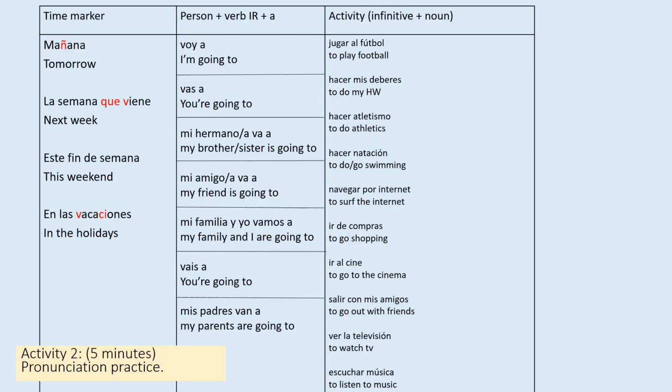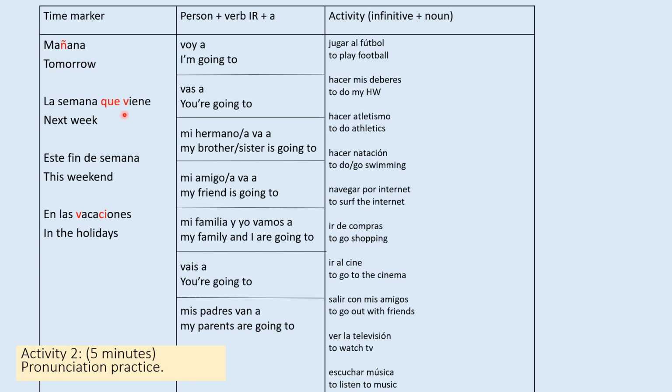Okay, so let's do some pronunciation practice, like we did last lesson using the sentence builder. But you'll notice we've extended the sentence builder today to include other people and what they're going to do for their activities. So let's start, as we did last time, to practice the time markers on the left. So repeat after me, please. Mañana.